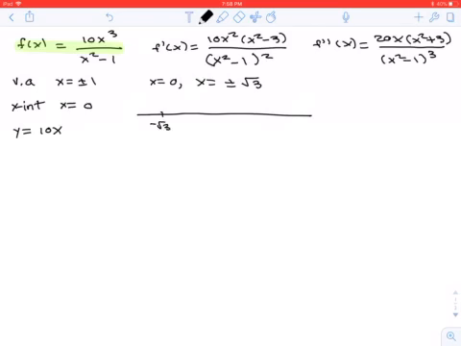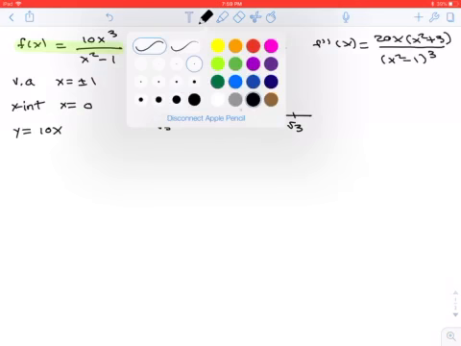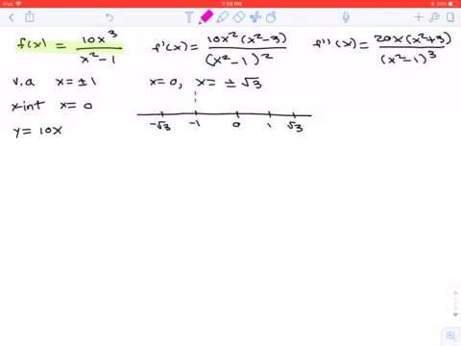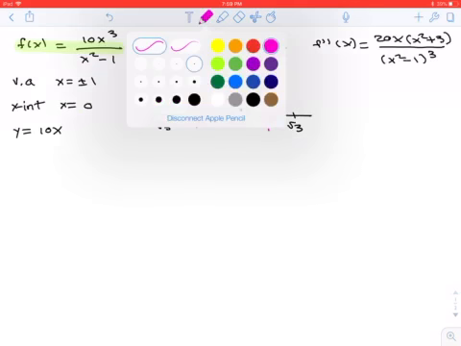Again, I'm including my asymptotes. I have negative 1, 0, 1, and root 3. So those are all the different pieces I have to look at. Don't forget, these are vertical asymptotes, so no matter what's going on, there can't be a minimum or maximum there.